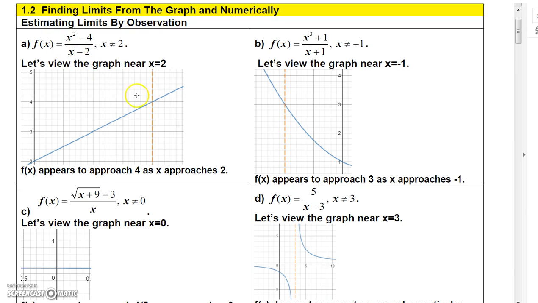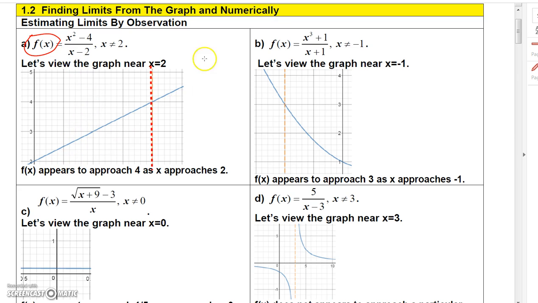But basically, if you did graph this, it would just look like a straight line. Okay? Now, what's happening here? You have x equal 2 represented by this vertical line. So everywhere on that line, x is 2. What we want to do is see where the y value is going as we get close to 2.